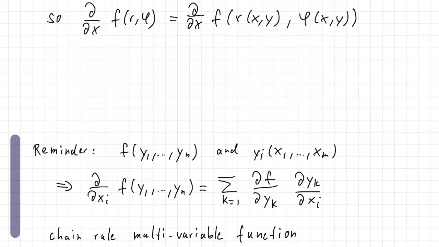And so I give the generic description of taking this chain rule for a multivariable function down here. But in the end, what you need to do is take the derivative with respect to every one of these variables and multiply with the derivative of the inner function. So first, we have here f of r of x and y.